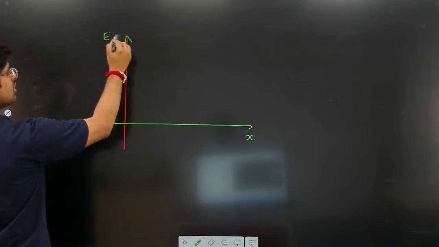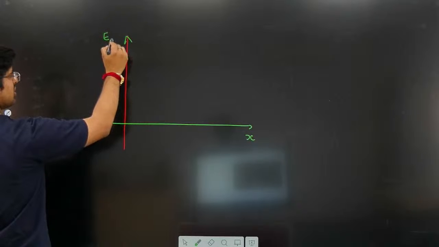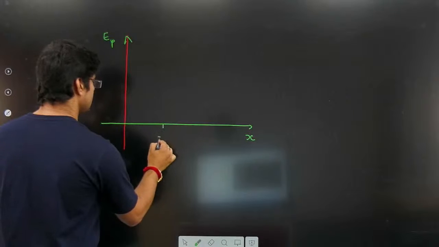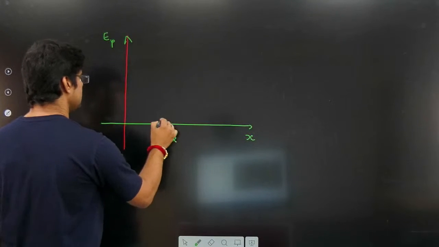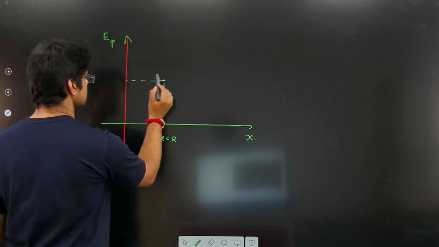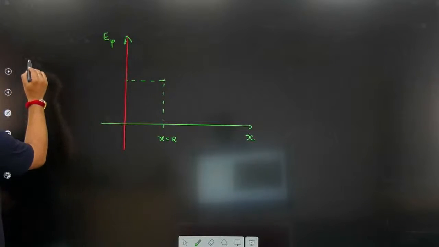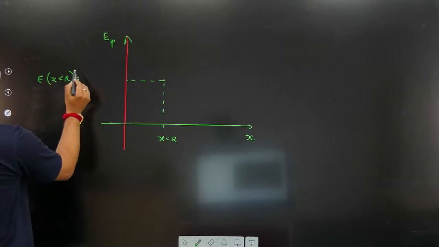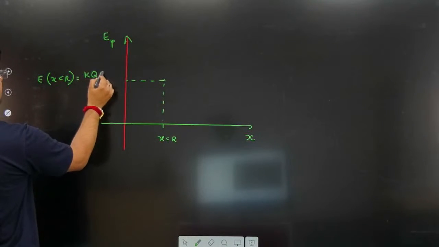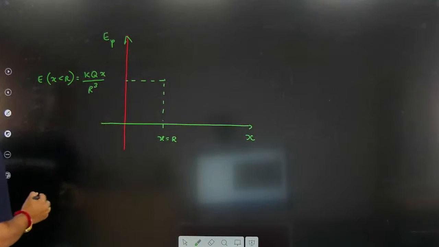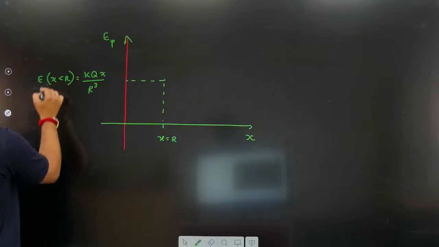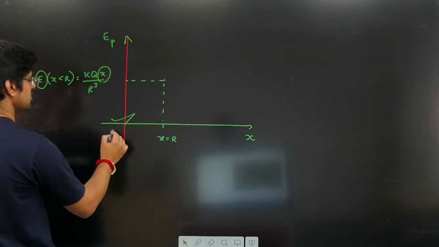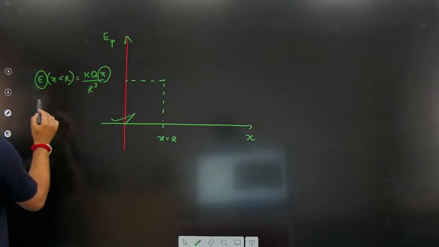This is the electric field due to the solid sphere. Okay, different points. Now at x equals r, I already have an expression for the electric field for x less than r. What is that? The electric field for x less than r is K Q x divided by r cube. So E is directly proportional to x, that means it is a straight line, y equals mx.